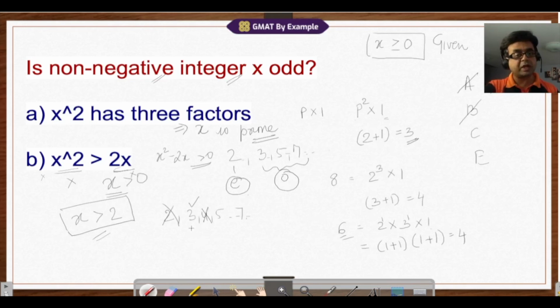So we have only odd prime numbers left, and we can sufficiently and uniquely answer the question: yes, x is odd. So when you combine A and B, we have sufficient data and we can answer the question as yes. Hence, the answer to this question is C. A and B combined together would answer the question.